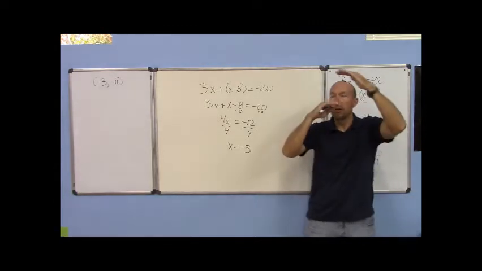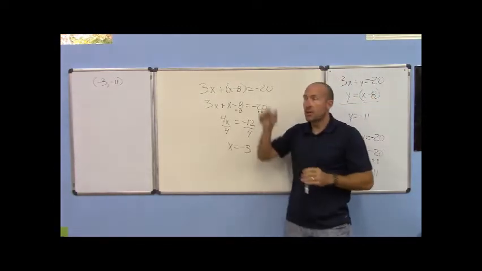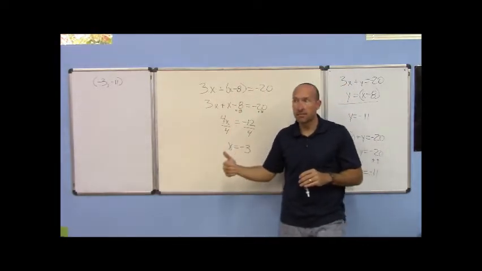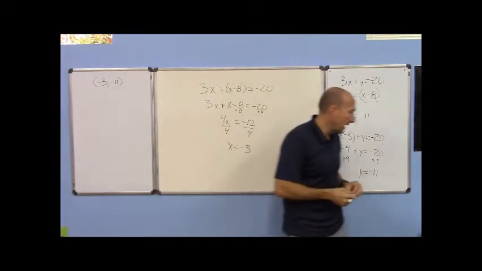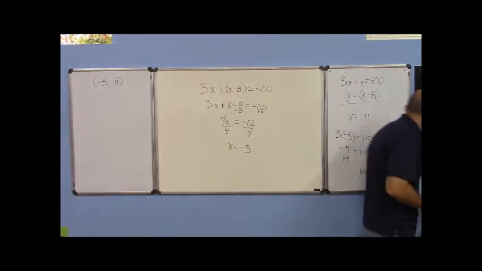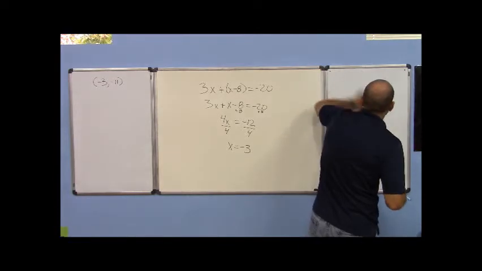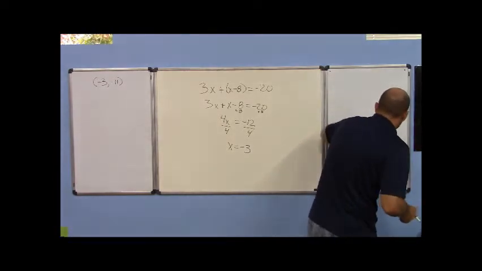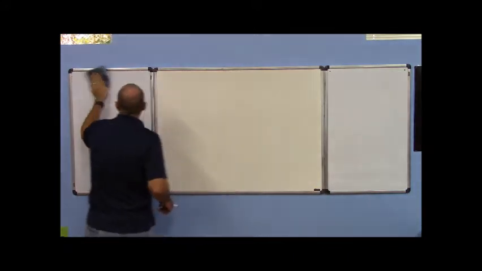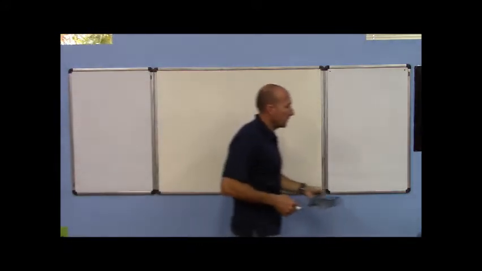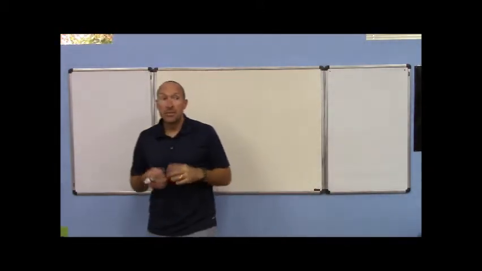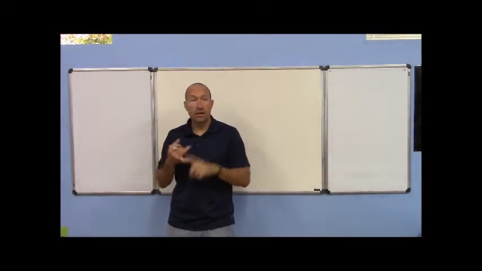We're going to be staggering them so that our x's are in line, our y's are in line, and our constants are in line. So let's look at example number 1, and we'll see what we're talking about. Whenever we are adding, you're going to be given systems, and then you're going to have to determine: should I graph it?